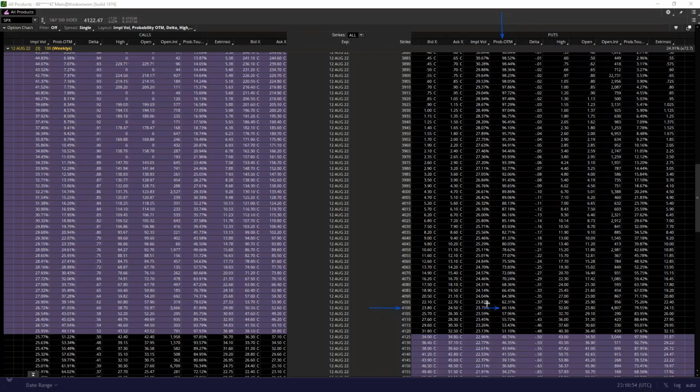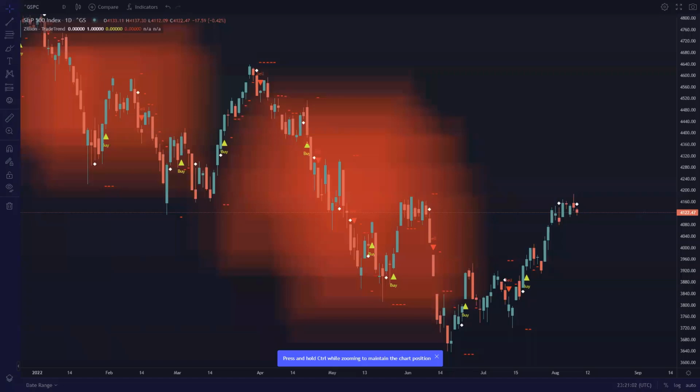So what does that mean? How do we interpret that? Well, there's a greater chance, and that's again why we map these levels out, that 4,100 is going to serve as support and hold if we trade down into this level. That's why I'm saying we want to watch this week and see, does this 4,100 level hold?